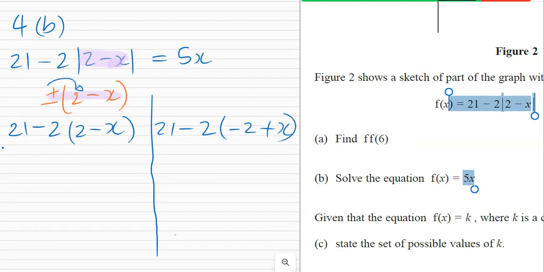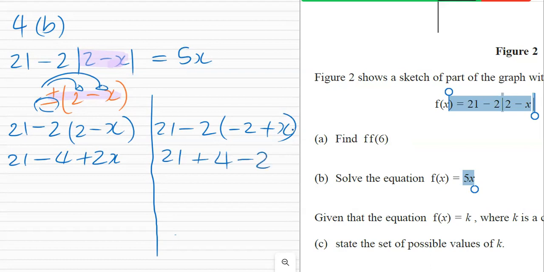I just times both in by the negative there. So we can simplify, do the left one first. It's -4 plus 2x, and this one is 21 plus 4 negative 2x. Okay, so just timesing in. So we have two options.